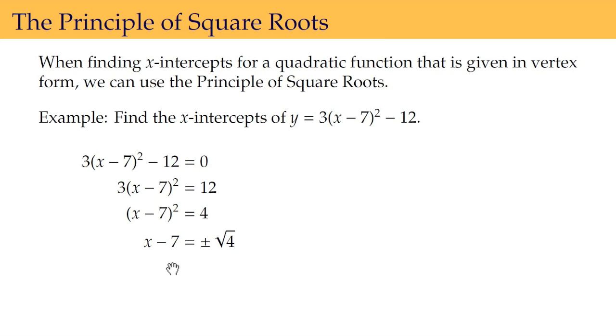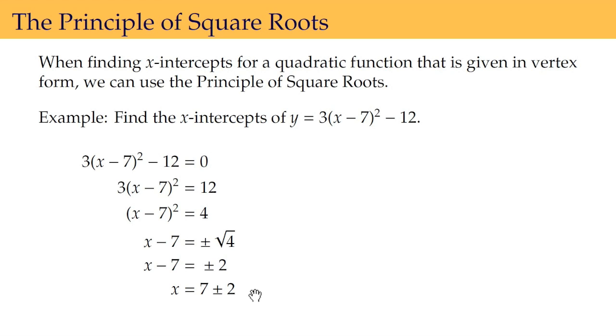And so that, when I apply the principle of square roots, gives me the thing that was being squared equal to plus or minus the square root of 4. In this case, 4 is a perfect square, so there is an integer square root, and if I add 7 to both sides, I get x equals 7 plus or minus 2. Now, if this were an irrational number, I could leave it.